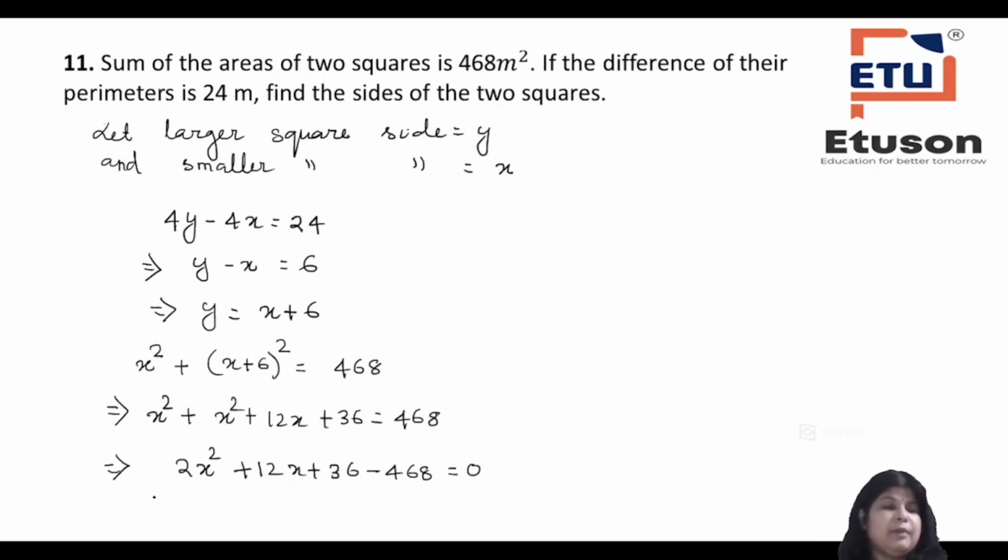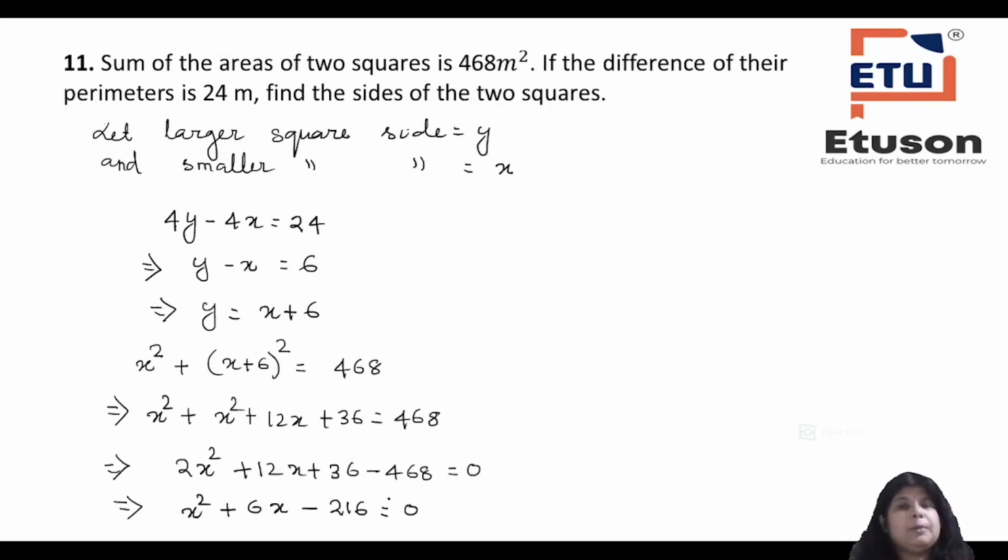So can we divide each term by 2? After dividing, you will get x square plus 6x minus 216 is equal to 0. Correct? So now you have obtained your quadratic equation. We will use the quadratic formula here to find the answer.